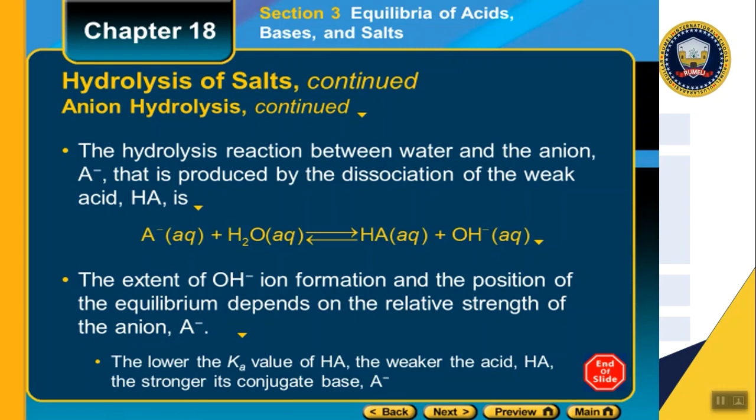The anion part of this weak acid is strong, and it will react with water molecules to accept a proton from water and release the hydroxide group in the solution and increase the alkalinity.